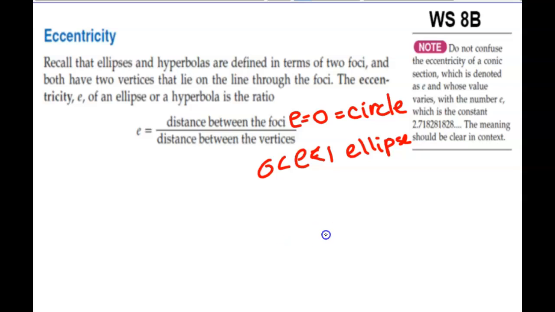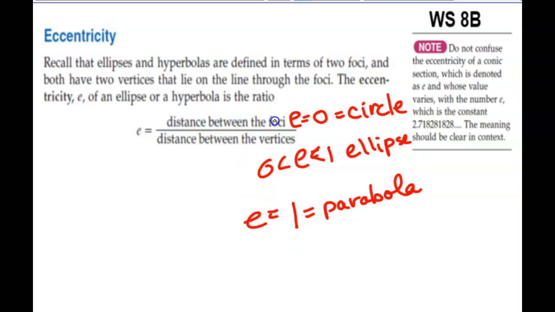Okay? Now, there's only one focus point on what shape? What did we do the first part of the end of last week? All of last week? Parabolas, okay? One focus point is a parabola. So the eccentricity of a parabola is 1. What do you think that means for a hyperbola?